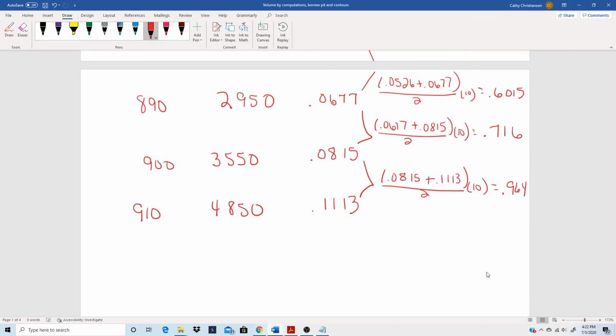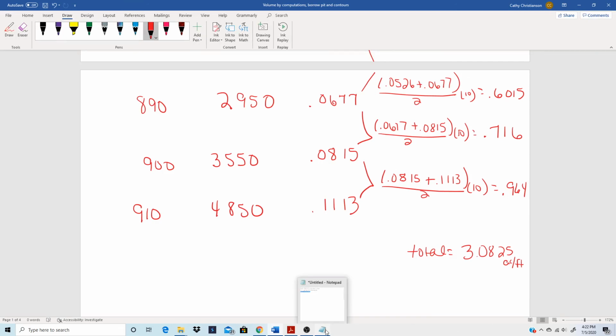So my grand total is 3.0825 acre foot, and they had 3.11, so it's a difference in rounding. Alright, so that's the end of all of chapter 26 in a nutshell, and we'll work on borrow pits on Monday and anything else you want to talk about on Monday.